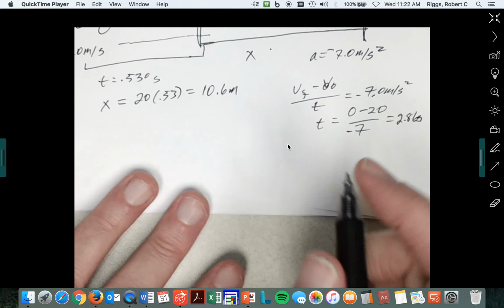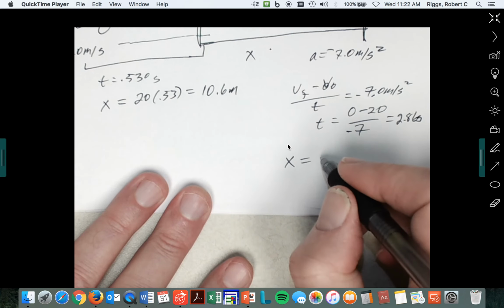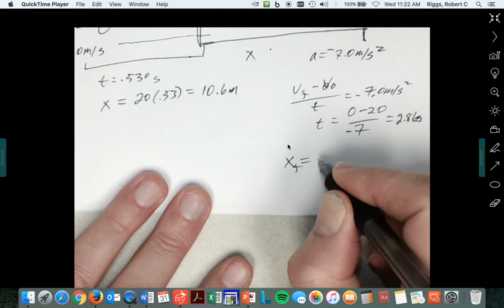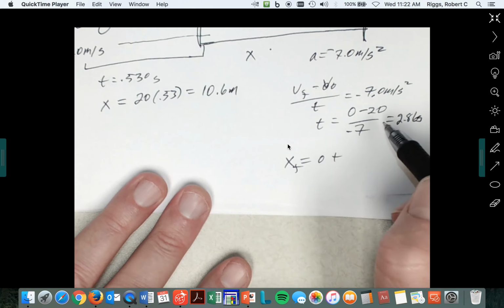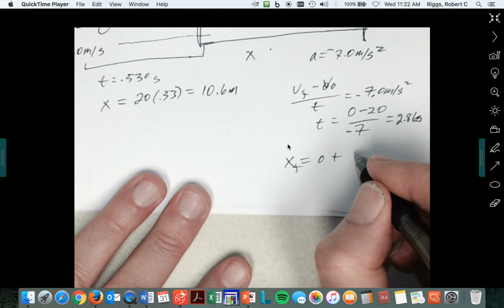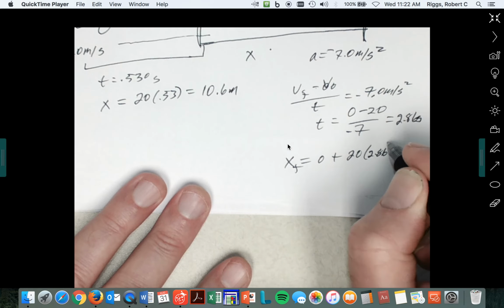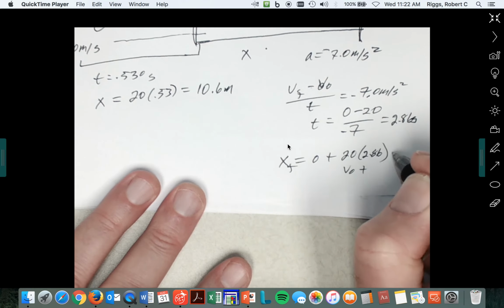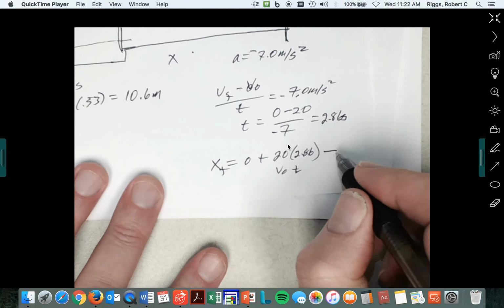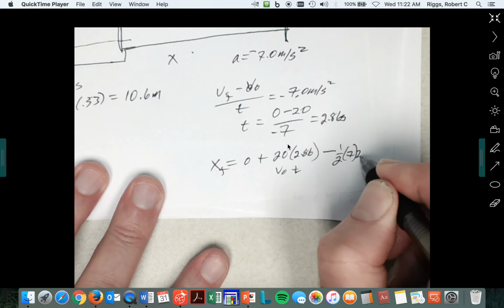And then you can figure out the distance because you can just go x final is equal to 0, plus, now hold on, we've got to be careful because we haven't had this before. He had an initial velocity of 20 meters per second. 20 times 2.86, this is v naught times t, minus 1/2 of 7 times the 2.86 squared.